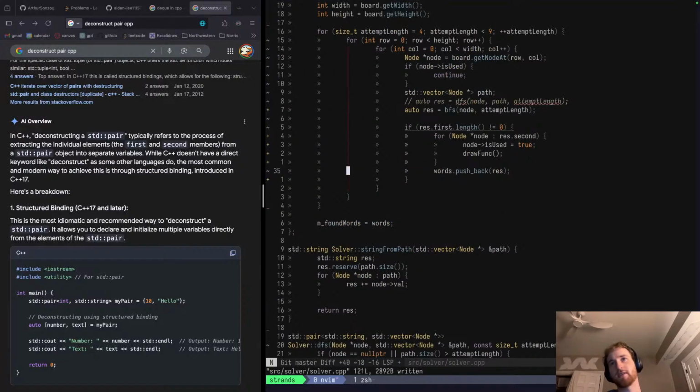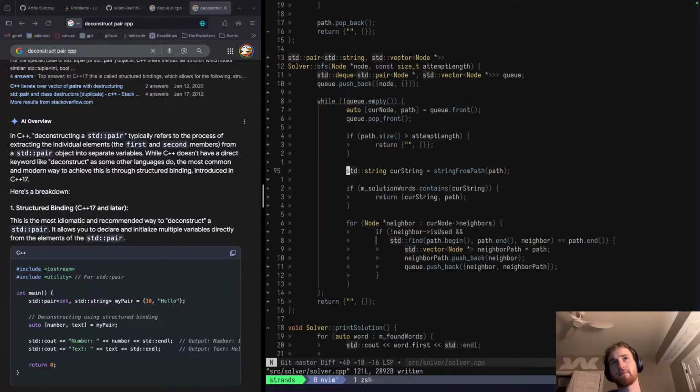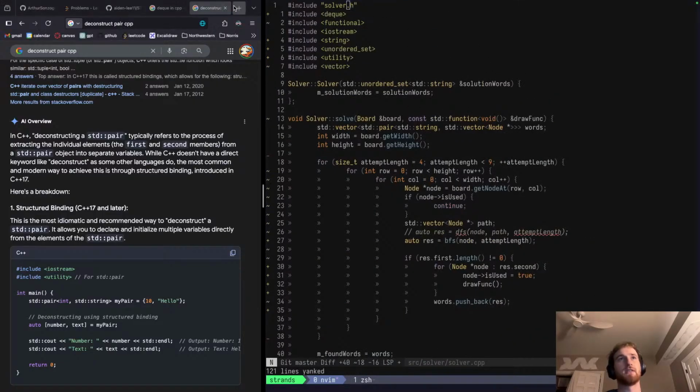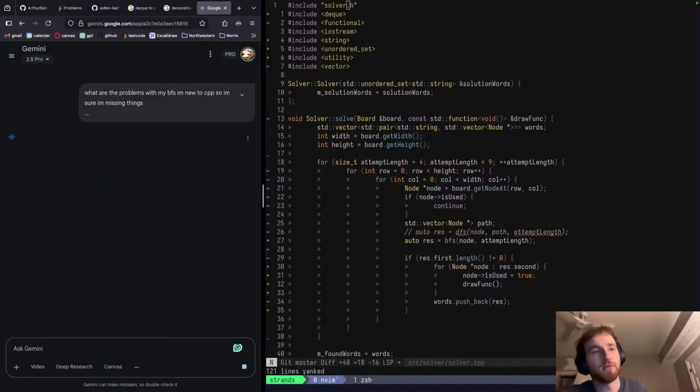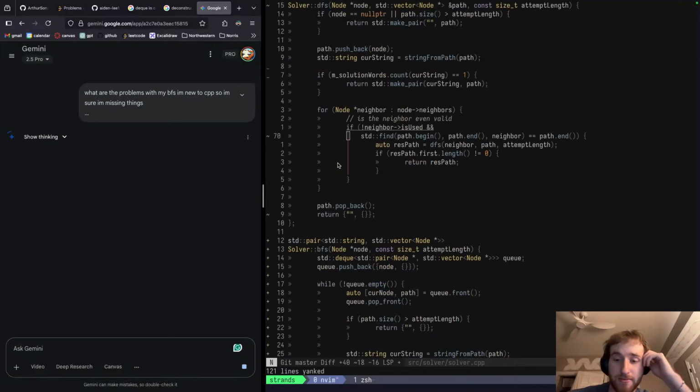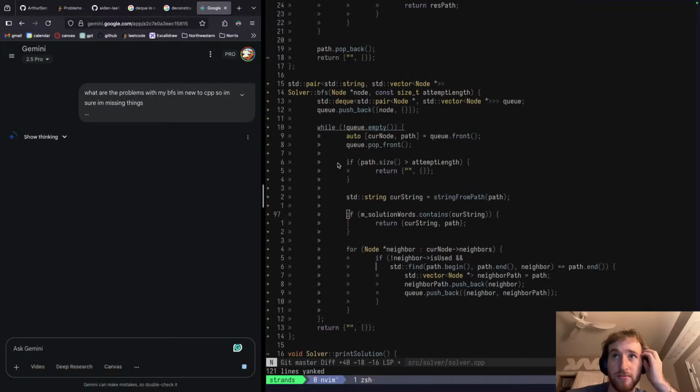I don't know why this fails. Okay. I had my thing, and now what are the problems? I want to figure out why. There's definitely just things I'm missing. I don't know.